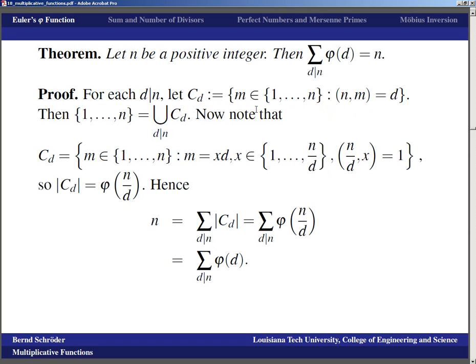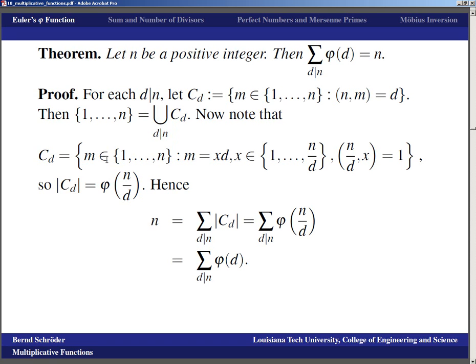And that certainly means that the sets c sub d are pairwise disjoint, because the greatest common divisor is unique. It also means that the set from 1 through n is the union over all the c sub d's, because every element in here is in one of them, namely the d that is the greatest common divisor between it and n. And now the rest is okay.